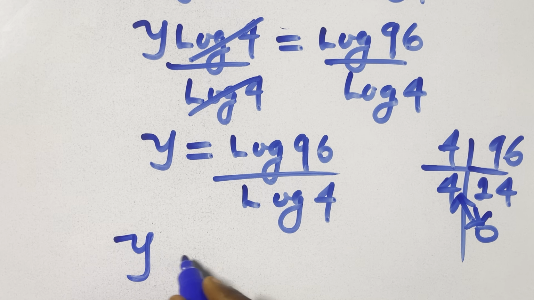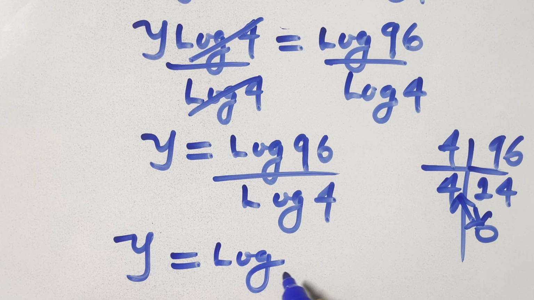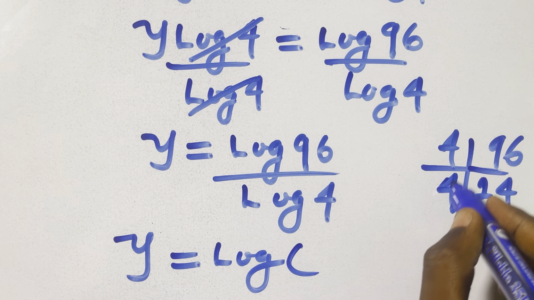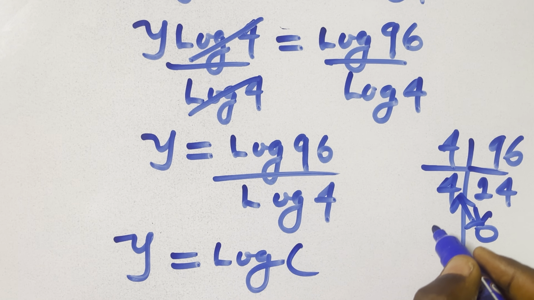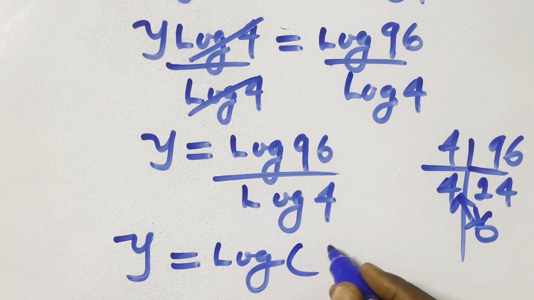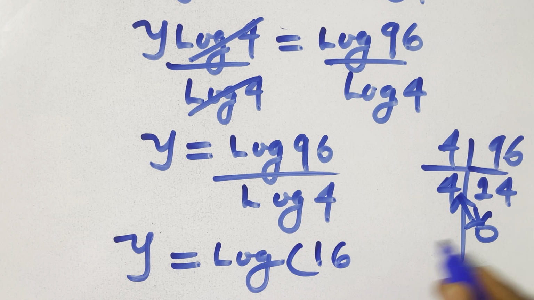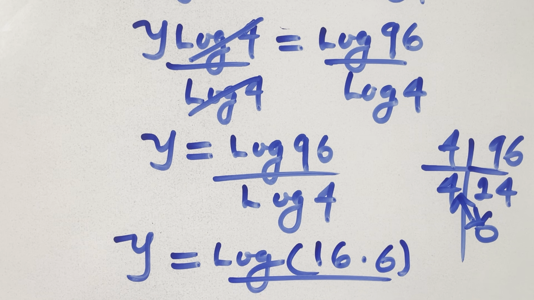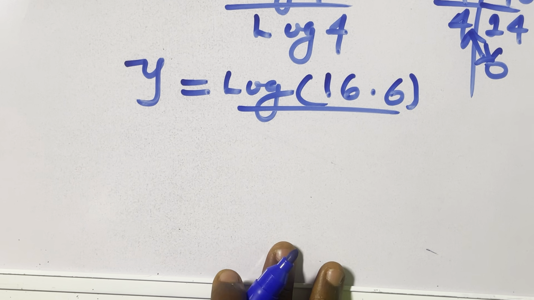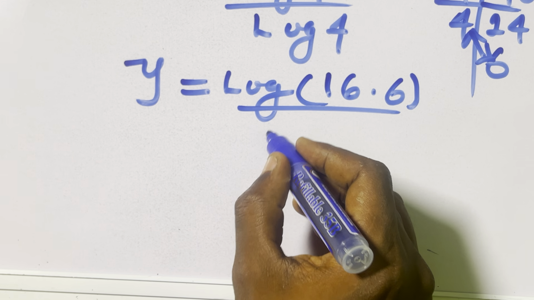So then we have y equals log, right? So 4 times 4, that is 16, multiplied by 6, divided by log 4.